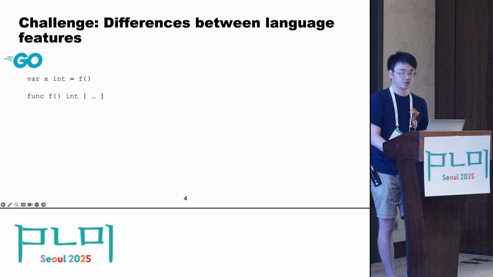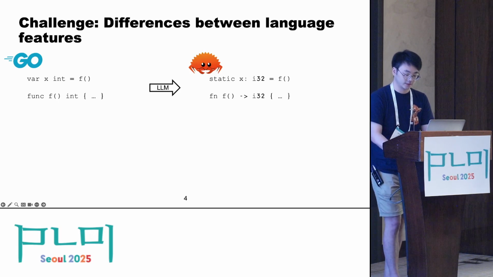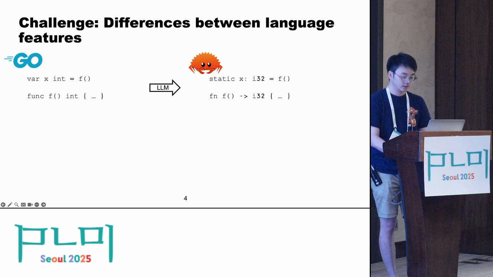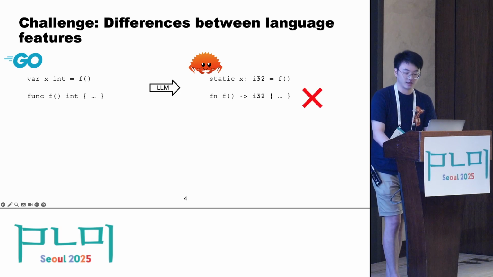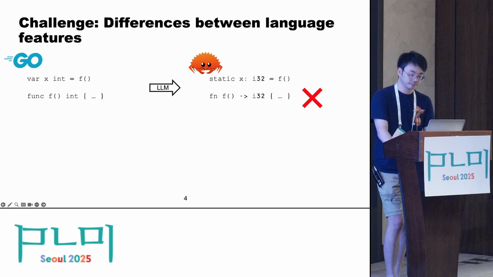Without specific instructions, the LLM can produce Rust code that largely simulates the syntax of the Go program, where the static variable is initialized by directly calling the function as well. However, this is invalid in Rust as a static variable can only be initialized by constant expressions or constant functions. Therefore, this default translation could not compile.